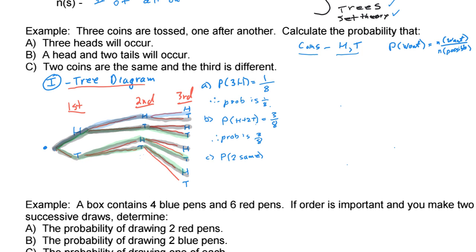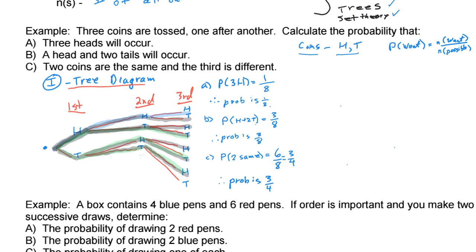So that gives us a total of exactly 6 possibilities out of 8, which reduces to 3/4. Therefore, the probability is 3/4, and we're done.